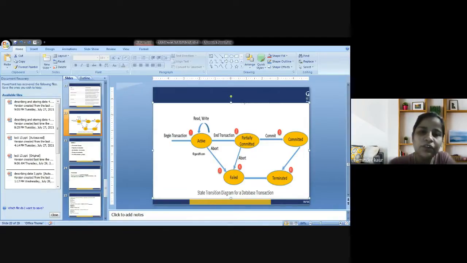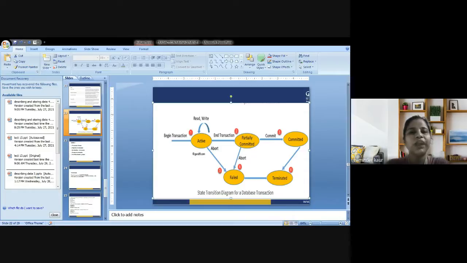So this is the procedure of the transition diagram. Now, how a transaction moves between these various states: once a transaction starts execution, it becomes active, and it can issue read and write operations. Once the read and write operations complete, that transaction becomes partially committed. Next, some recovery protocols need to ensure that a system failure will not result in an inability to record changes of the transaction permanently.